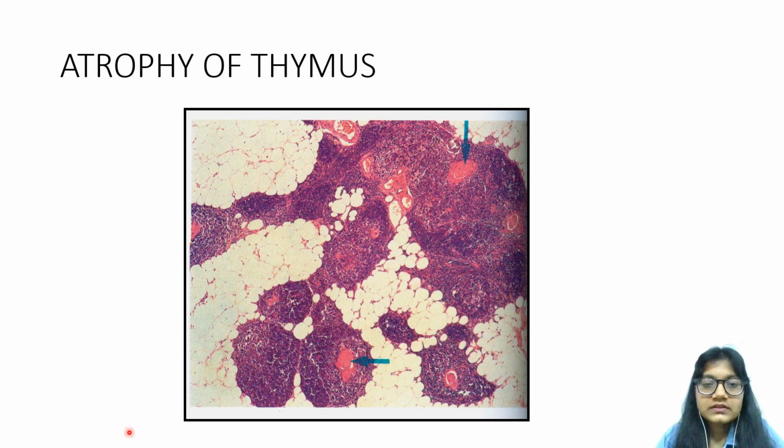This is the adjacent fatty tissue, and within the fatty tissue there are nodules of atrophic thymic tissue, and each nodule consists of central eosinophilic Hassall's corpuscles. These are marked with arrows, you can see here. These are Hassall's corpuscles, and they are surrounded by darkly staining small cells.